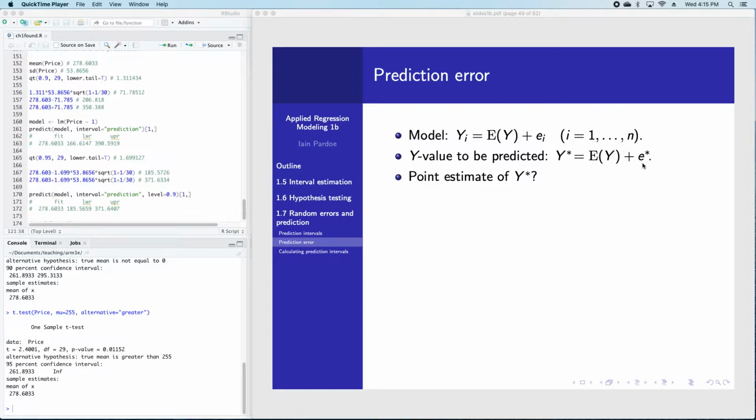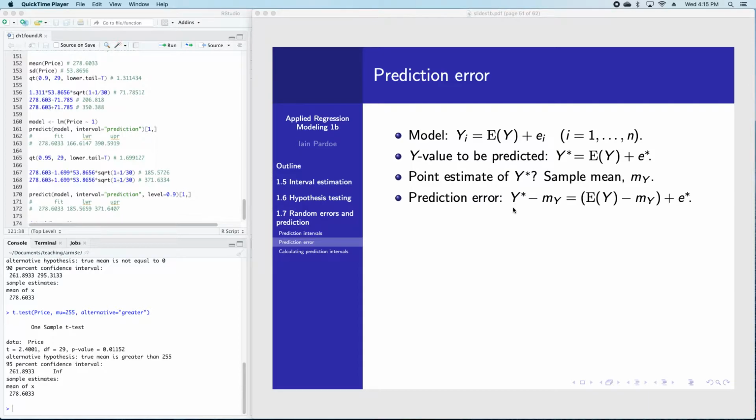If it's going to be an expensive house, e star would be positive. If it's an inexpensive house, e star would be negative. What would be our best point estimate of y star based on our sample? Well, the best estimate that we could come up with is the sample mean. So that'll be our point estimate.